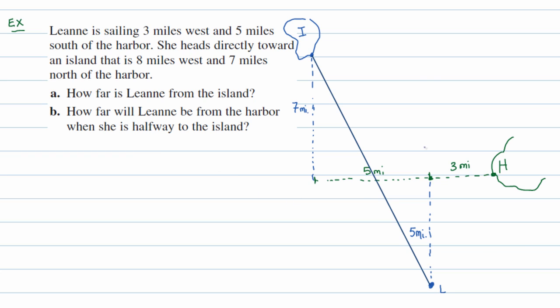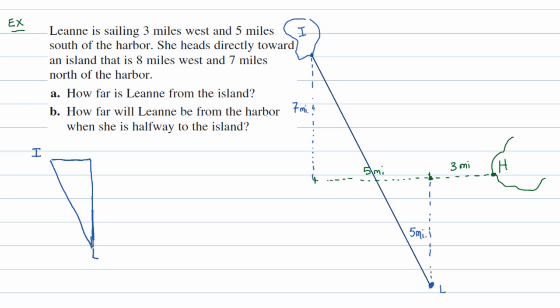One thing to note is that we happen to know what the vertical distance is, and we do happen to know what the horizontal distance is. Now I'm not going to draw it to scale, because it'll get really messy. So let me go over on the left-hand side of the page and just show you by drawing a right triangle here. Let's just pretend Leanne is right here and the island is right here.